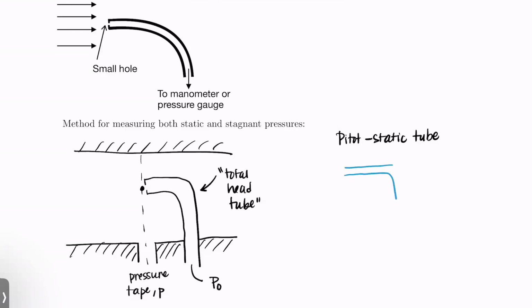We have a tube that measures our stagnation pressure, P naught. And then along the outside of this tube, we have another tube that has holes on the sides.